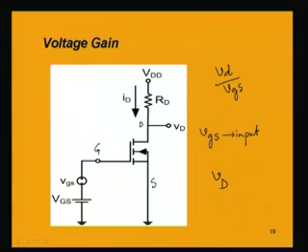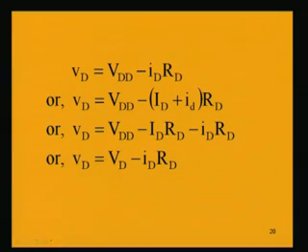Small v capital D equal to capital V DD minus small i capital D R d. So, this is the voltage equation.